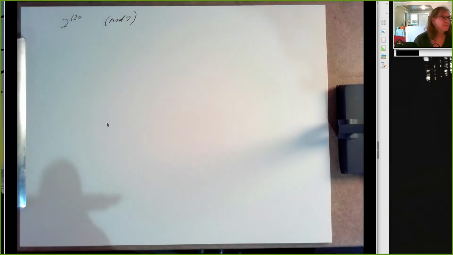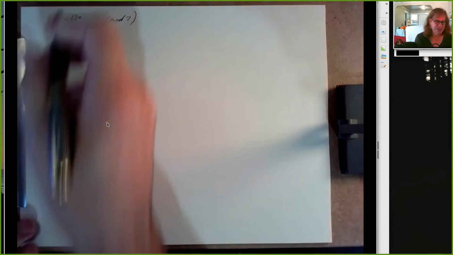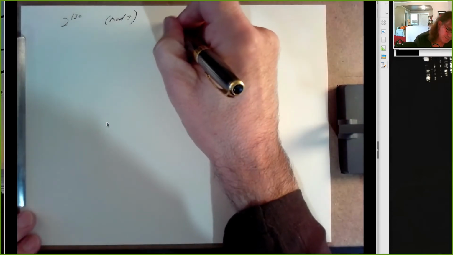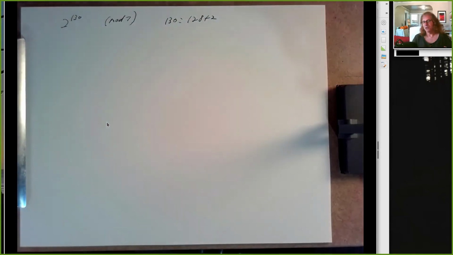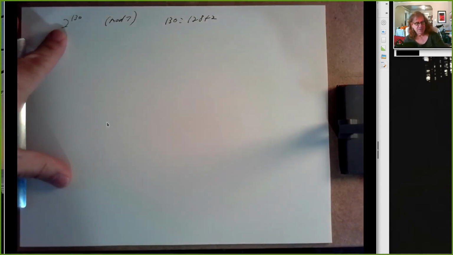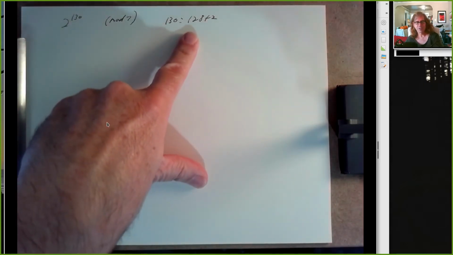mod 7. So write out your exponent as powers of 2. And I happen to know that 128 is a power of 2, and so is 2. So it's 128 plus 2. And now we need to find the modular equivalence of 2 raised to consecutive powers of 2 up to and including 128.